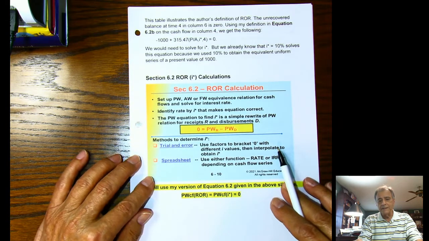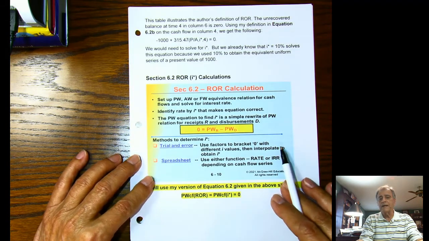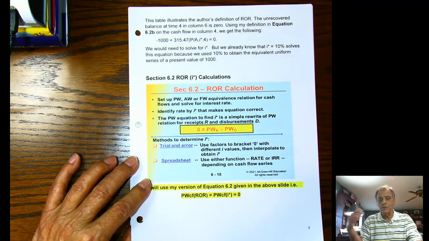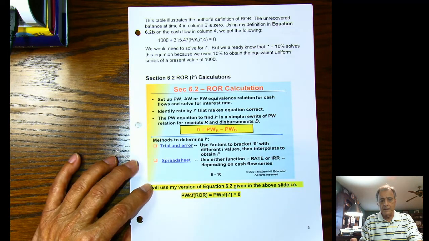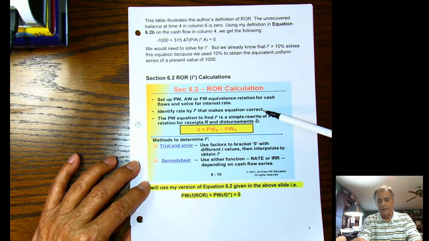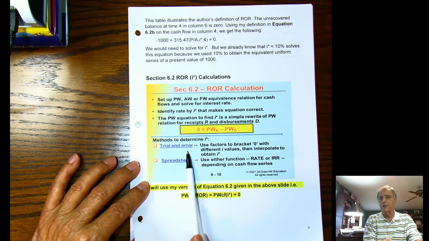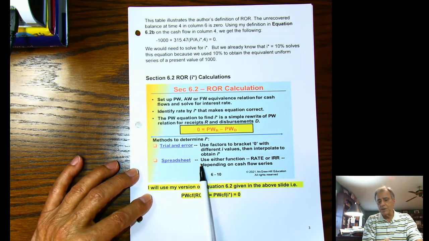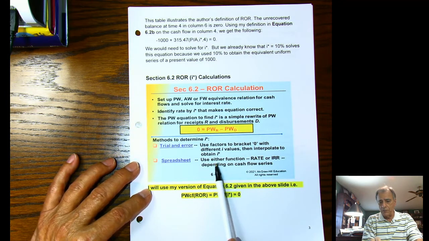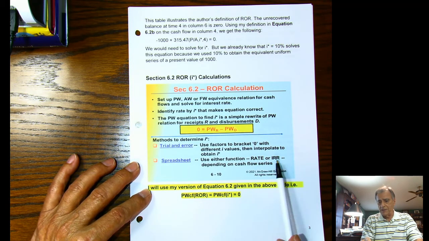So basically, we are trying to find the interest rate that sets the present worth equal to zero. And the author says you can do that by trial and error, which I'm going to show you how to do, and you can use a spreadsheet function. There's two spreadsheet functions that get you rate of return. One is called the rate function, equal rate in open parentheses, and the other is called the IRR, which stands for internal rate of return.